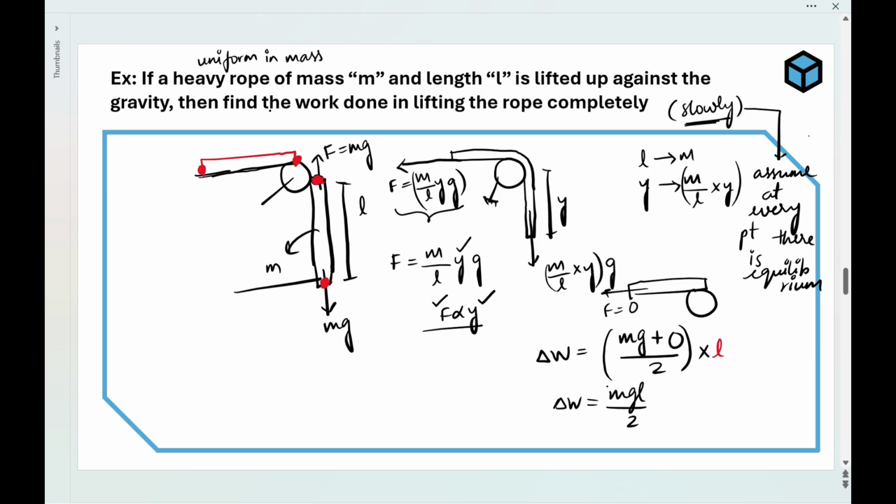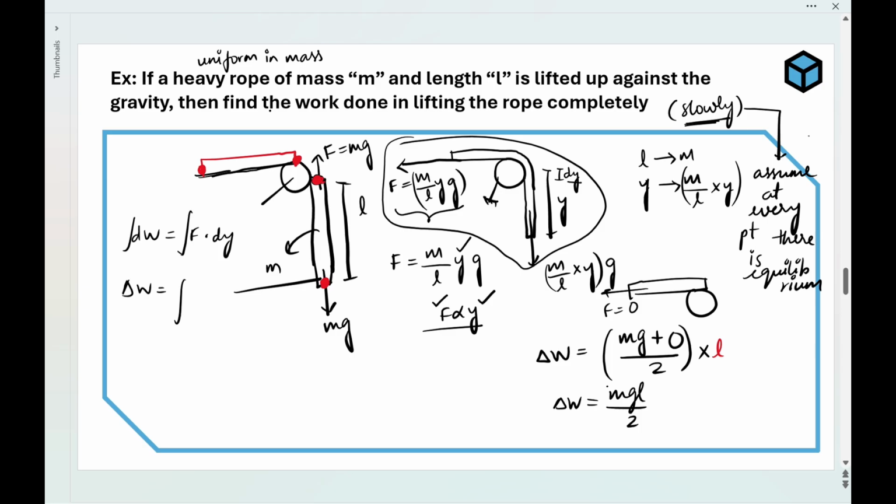You can also solve this question in another manner: dW is equal to F dot dy. At this particular instant, let's say the rope has come somewhat dy more, meaning the hanging part has decreased by dy, so the displacement would be dy, and the integral of F dy would be the net work we need.